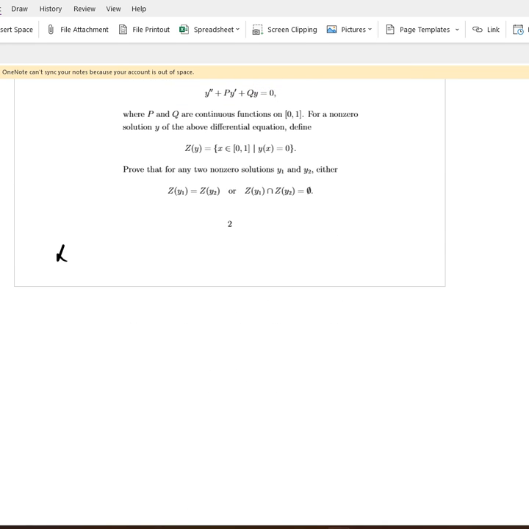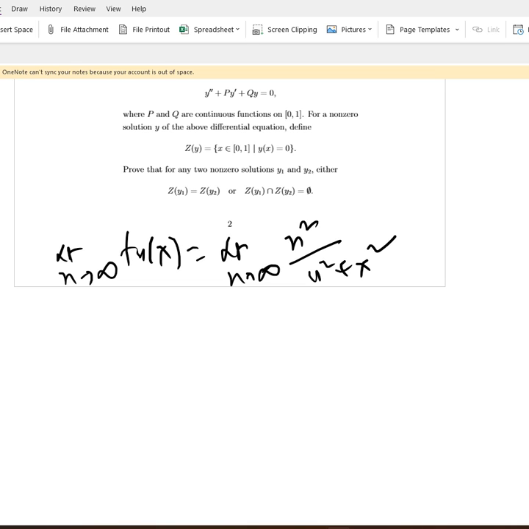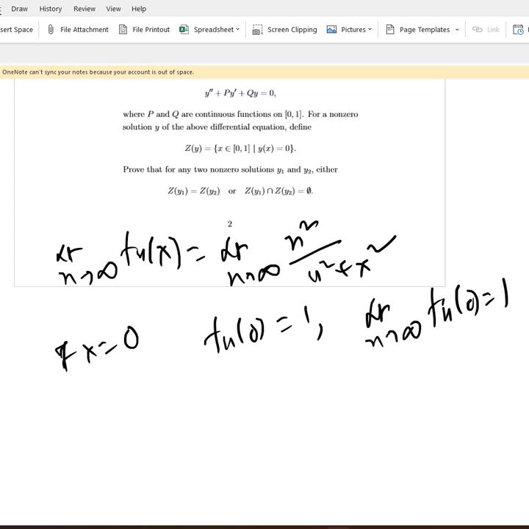The limit as n tends to infinity of f_n of x is the limit of n square over n square plus x square. If x equals 0, then f_n of 0 is equal to 1, so the limit of f_n of 0 is 1.